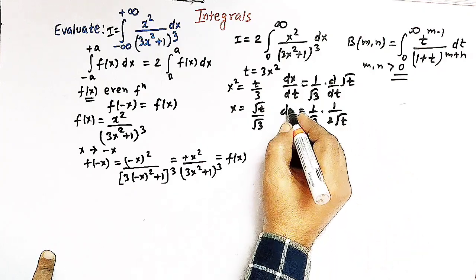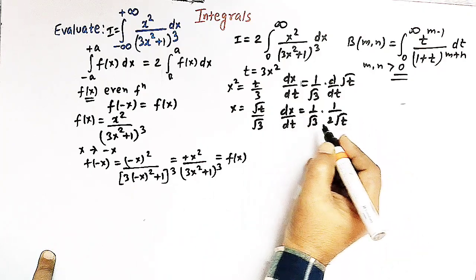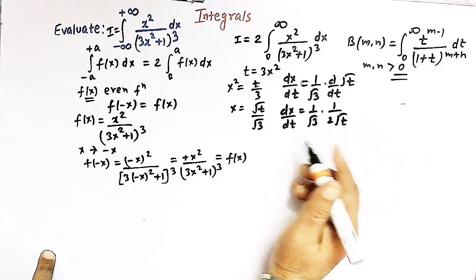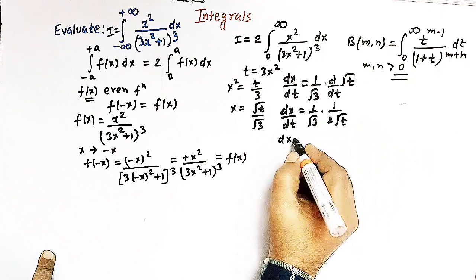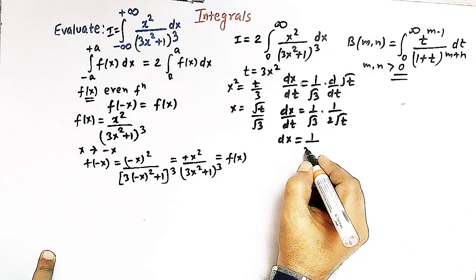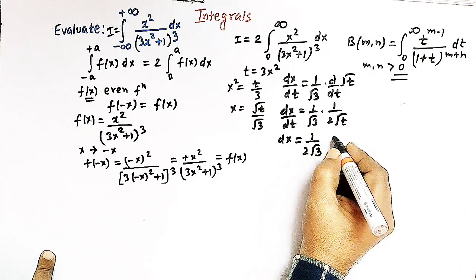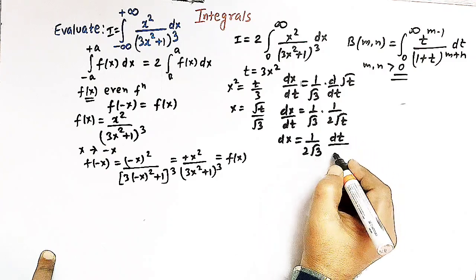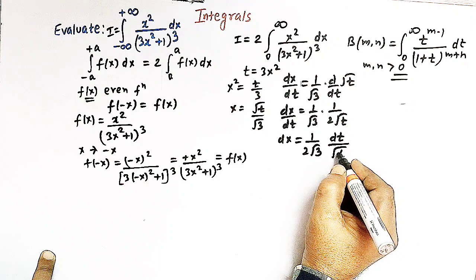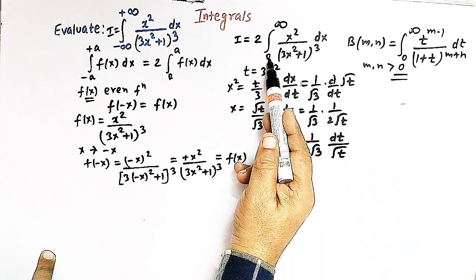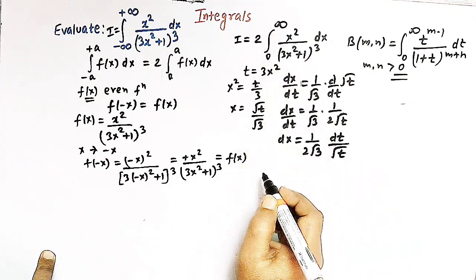So now we have dx over dt equal to this expression. So now dx can be written as 1 over 2 root 3, and we have dt over square root of t. Now here the limits of integration vary from 0 to infinity.